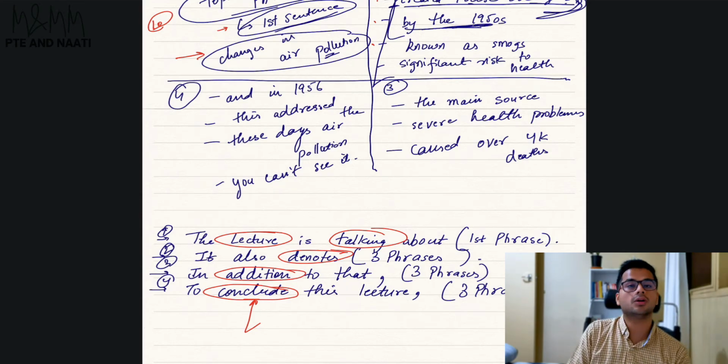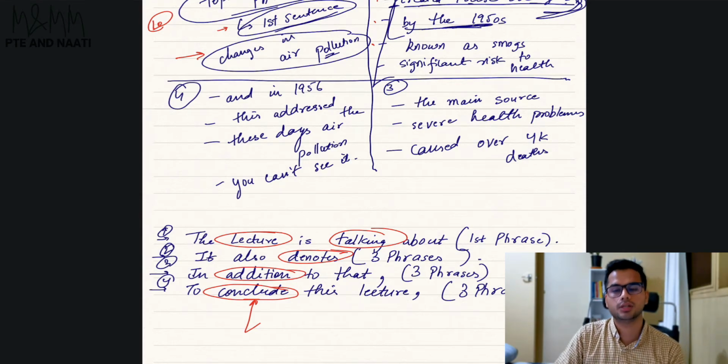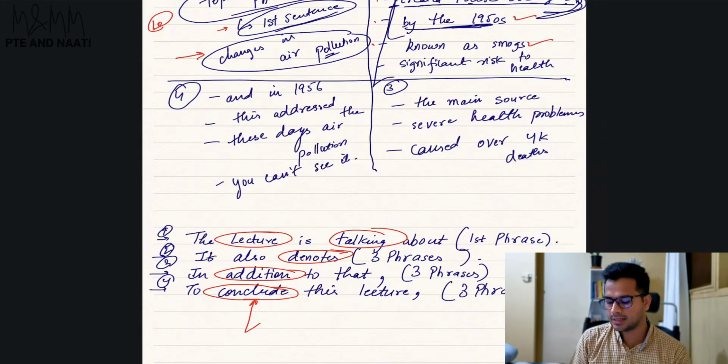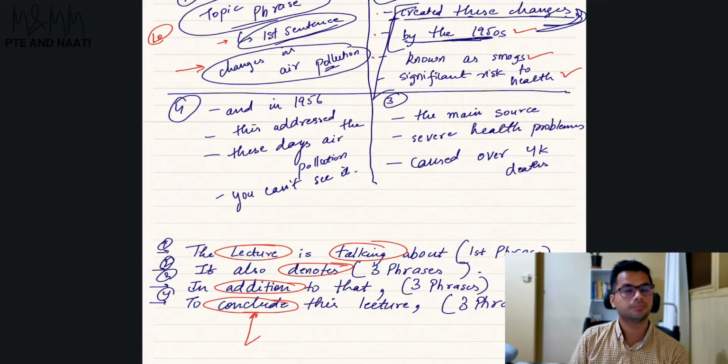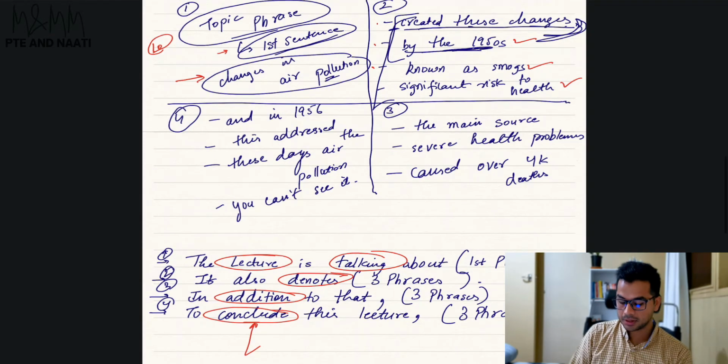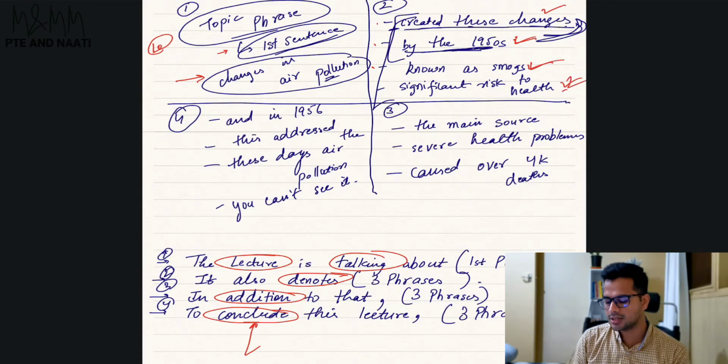The lecture is talking about changes in air pollution. Second sentence, it also denotes by the 1950s known as smoke's significant risk to health. That's it. It also denotes created these changes by the 1950s known as smoke's significant risk to health.